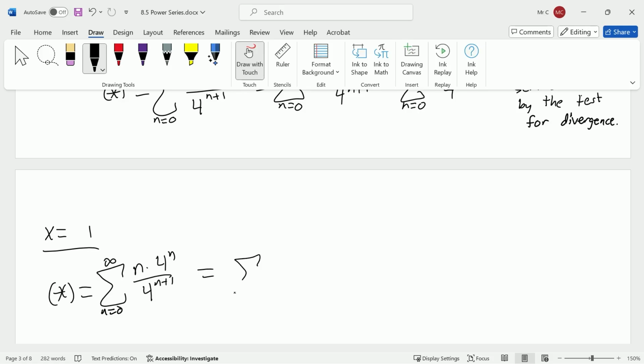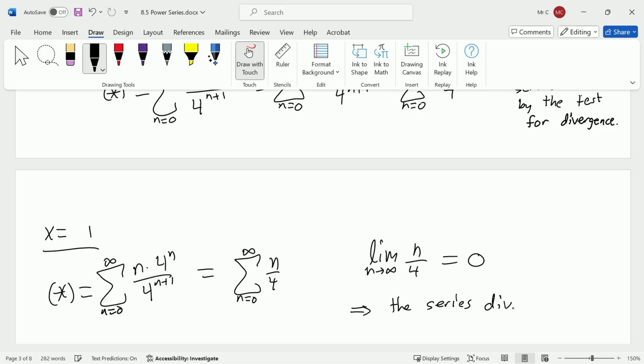And that simplifies to the sum from n equals 0 to infinity of n over 4. And again, we take the limit of those terms. We get infinity, and that implies the series diverges by the test for divergence.